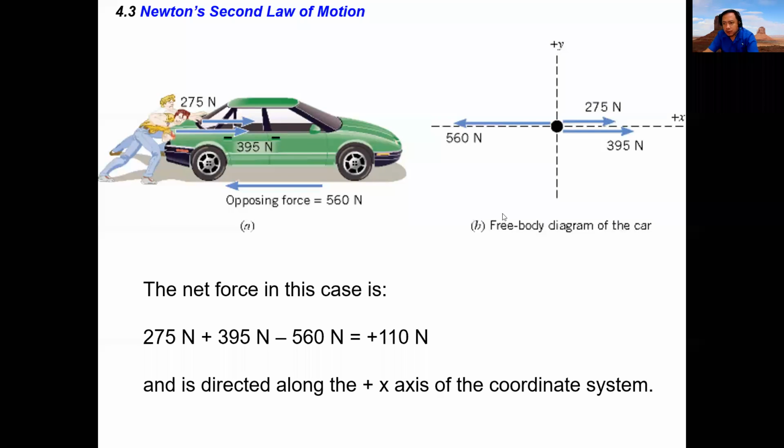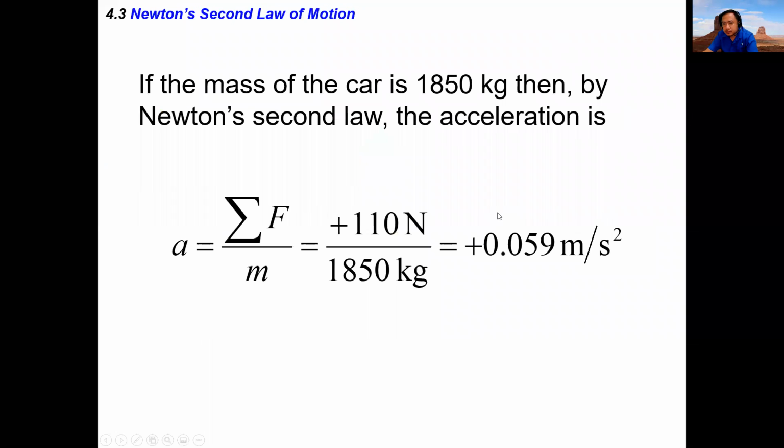Okay, so next. If there's a car and you have determined the net force, and the mass of the car is 1,850 kilograms, then by Newton's second law, the acceleration is the summation of all forces divided by mass. So therefore, it's 0.059 meter per second squared.